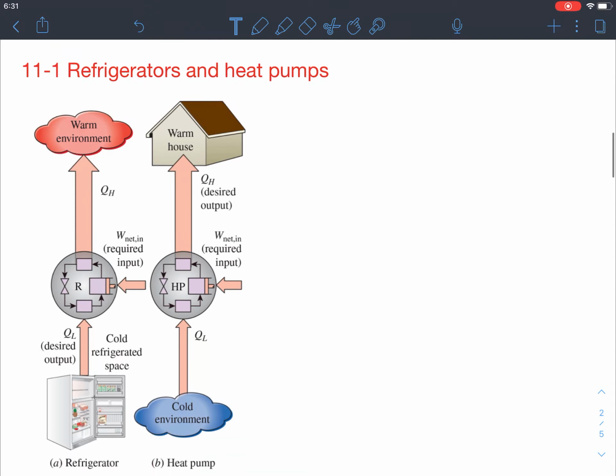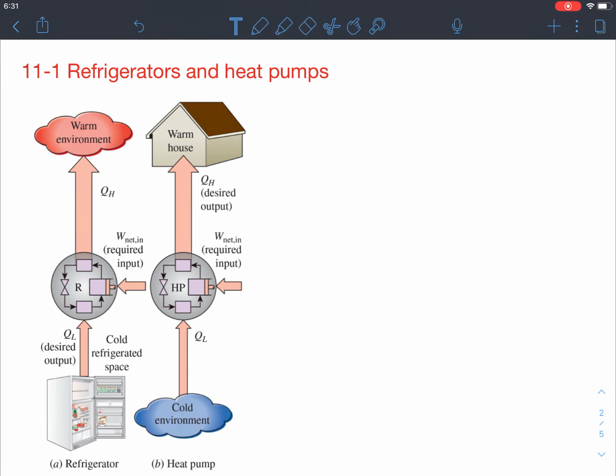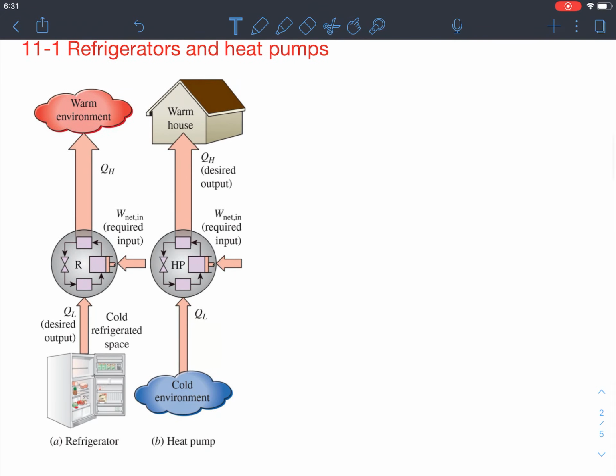So the first thing we would like to define is the refrigerator and heat pump. Okay, so the refrigerator, in common sense, we can define as whatever creates the cooling effect, right? That's a refrigerator, and the heat pump is also a device which creates the heating effect.